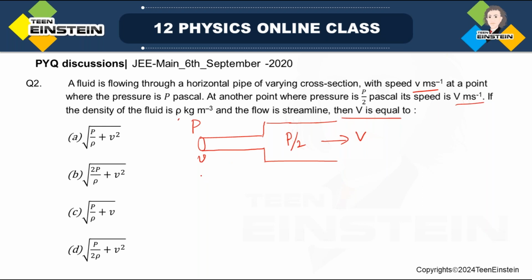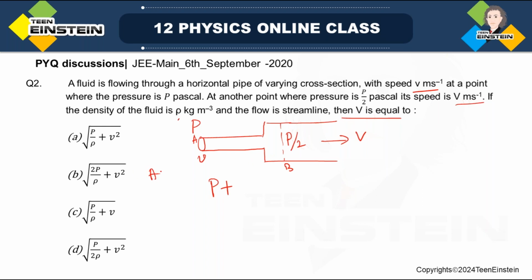So what does it say? Kinetic energy head plus potential energy head plus pressure energy head will be constant. That is Bernoulli's theorem. Because the fluid is moving and it is a streamline flow, pressure energy per unit volume is P at this particular position. Let us say this is point A, and somewhere I am taking this point B. At these two points I am applying Bernoulli's theorem.